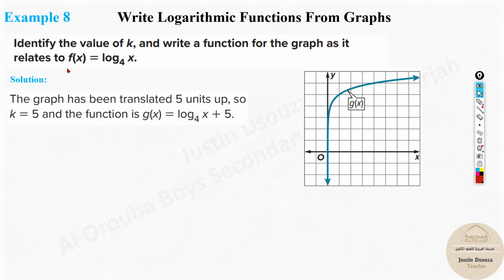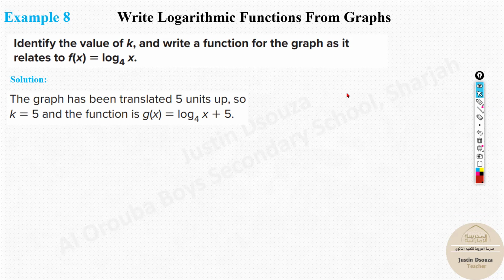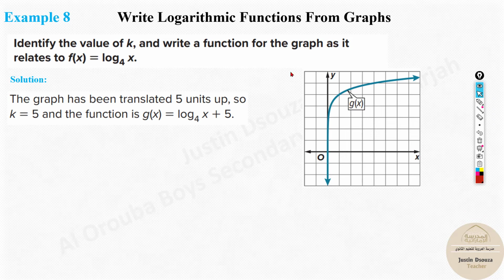Now here we have been told to translate. You need to tell what this is; this graph is the question. Sorry, I have not done the animation properly. They have given this graph as the question, and if log base 4 of x is there, it will be something like this, right? What is the difference between these two graphs?